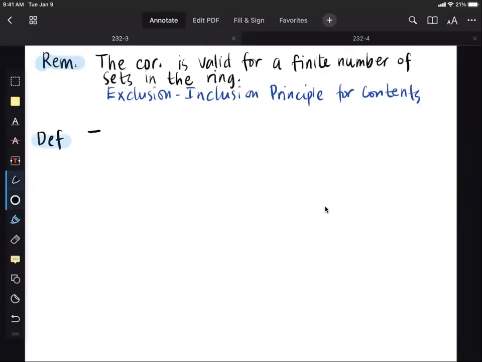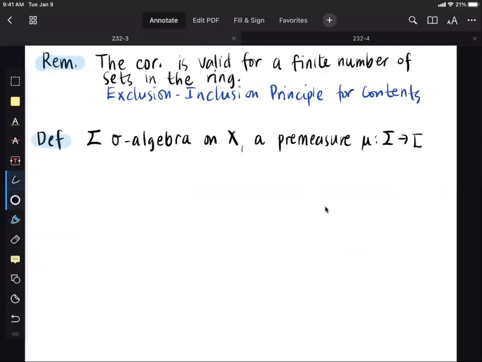Suppose I have a sigma algebra, sigma, on a non-empty set X, then a premeasure, say mu, from sigma to the set of non-negative extended real numbers will be called a measure.